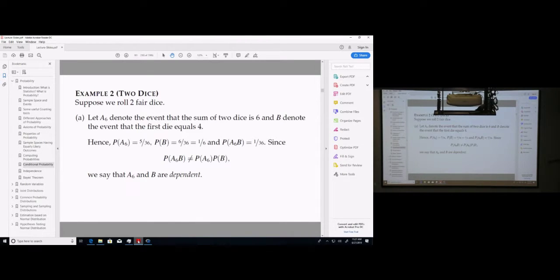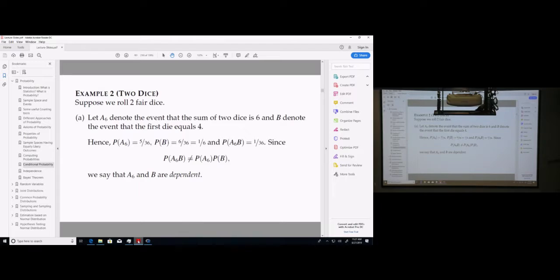Okay, two dice. I roll a pair of dice. We assume they are fair. Let A6 denote the event that the sum of the two dice is 6, and B denote the event that the first die is 4.